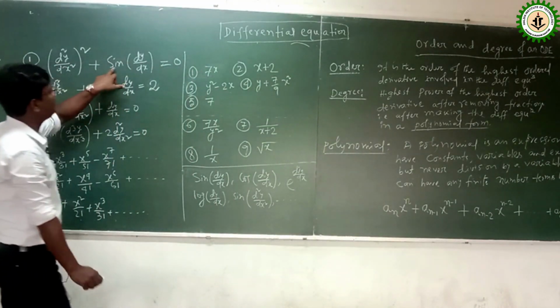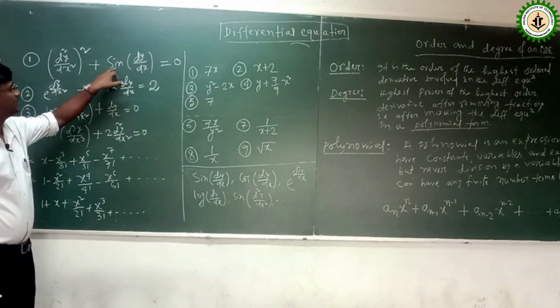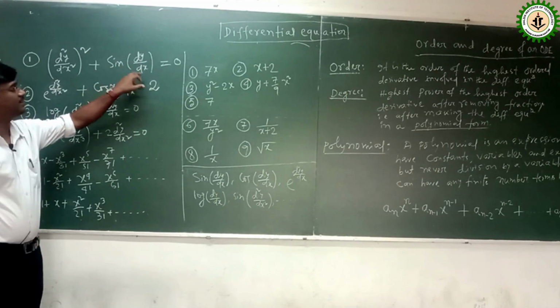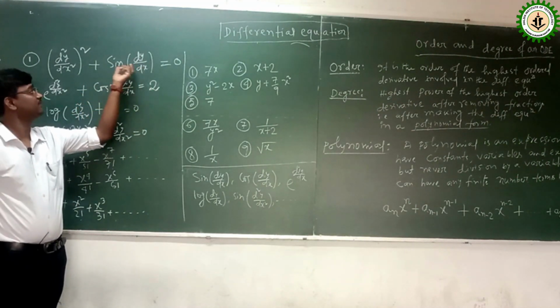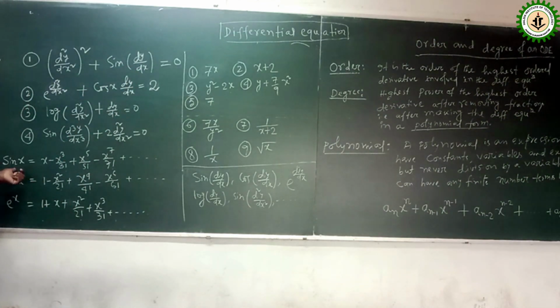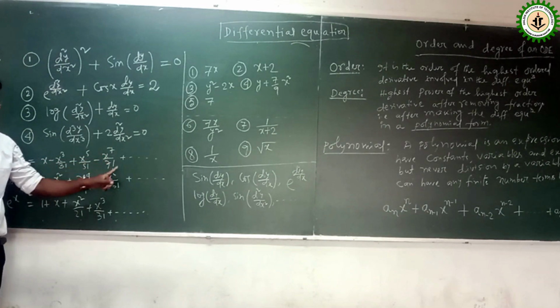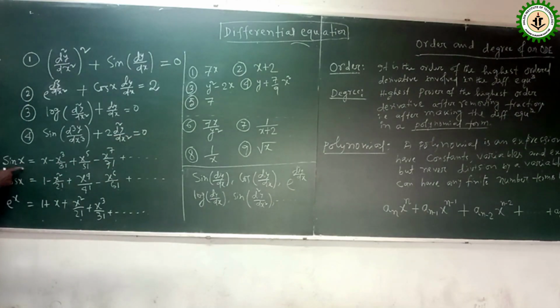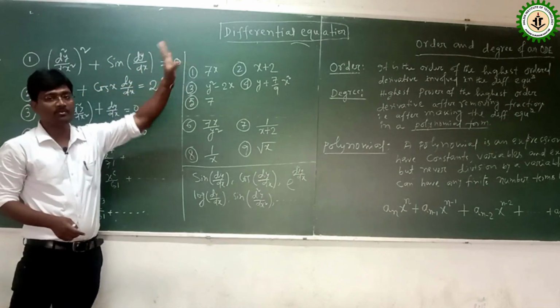but here in sin dy by dx, if you break this sin dy by dx, there are an infinite number of terms, because the series sin x equals x minus x cube by factorial 3 plus x to the power 5 by 5 factorial minus x to the power 7 by 7 factorial and so on. So this is an infinite series. So if you break this sin dy by dx using this formula, then there is an infinite number of terms.